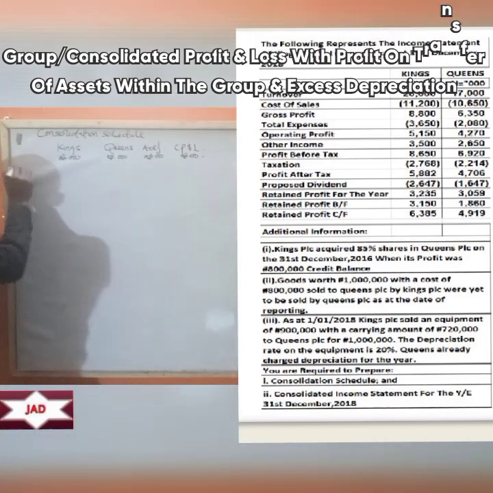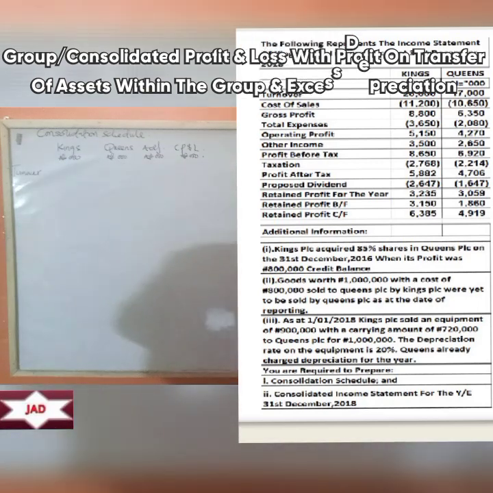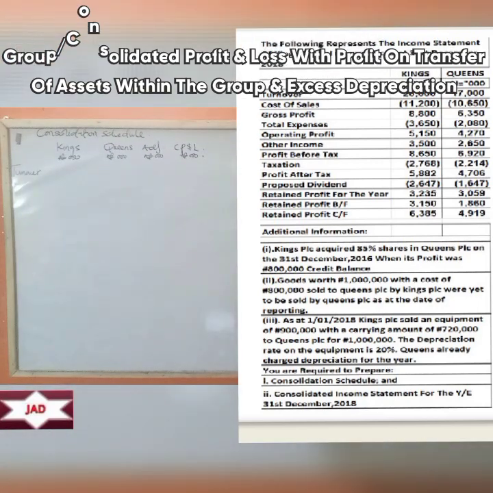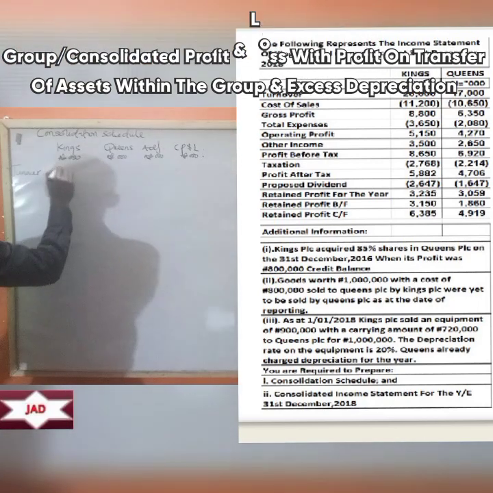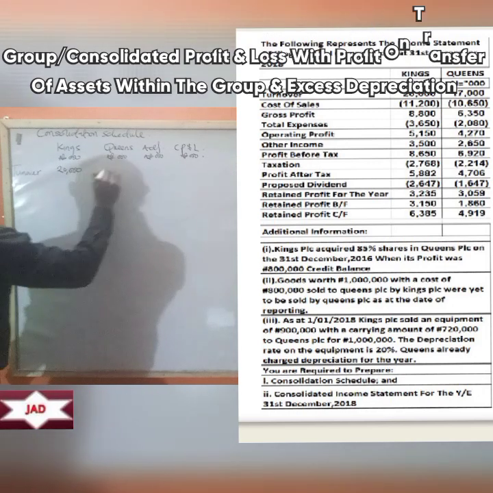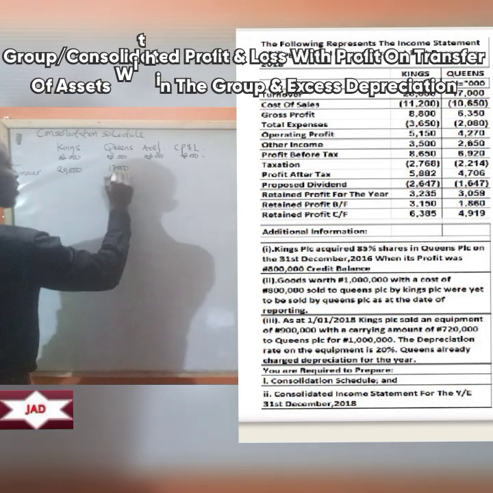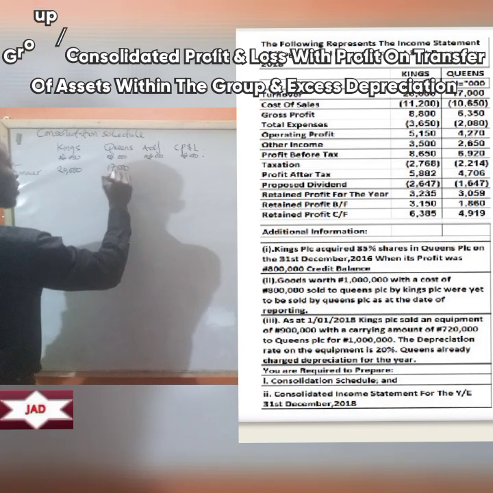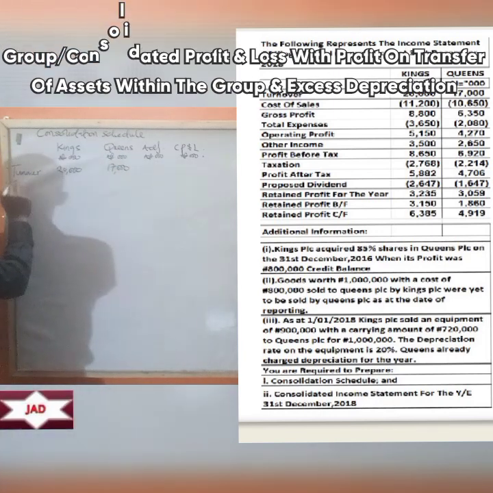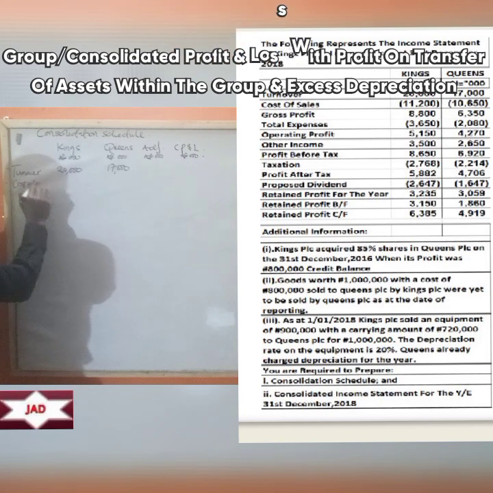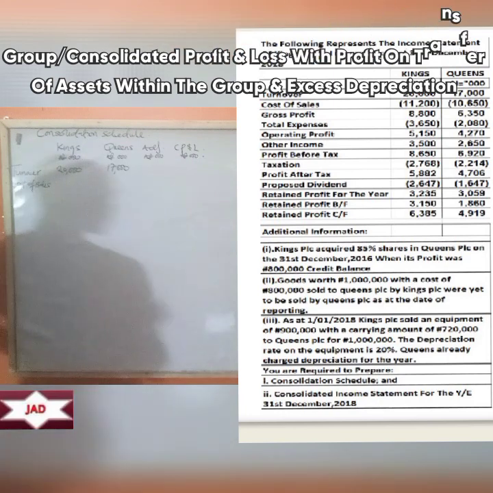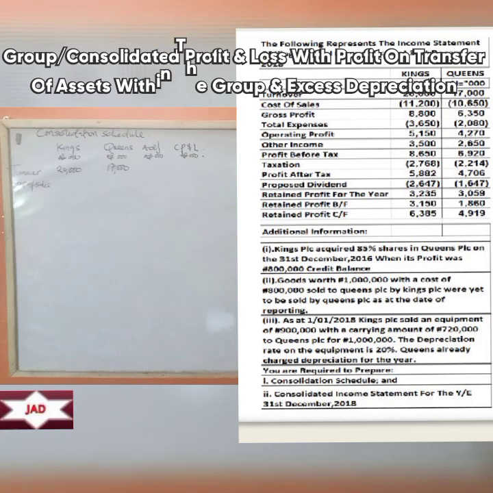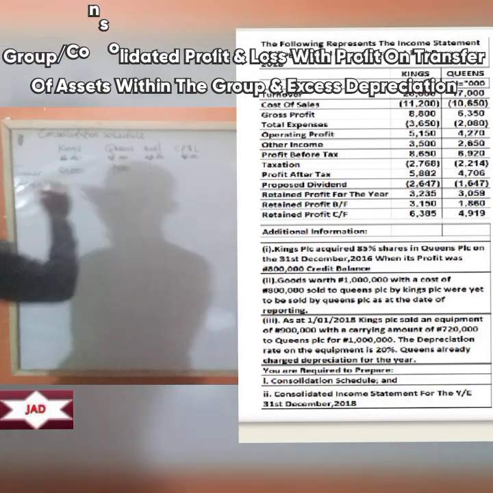Good. So let's go. We have our turnover. What's the turnover here? 2017. So we have cost of sales. What's the cost of sales there? 11,200, 10,650.